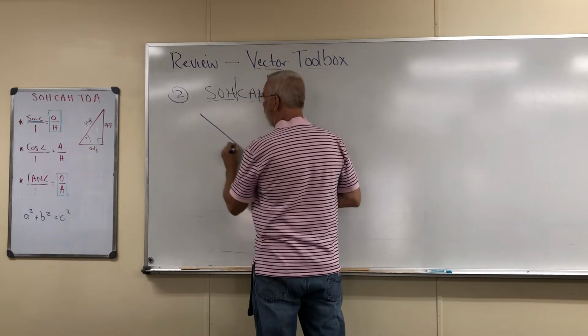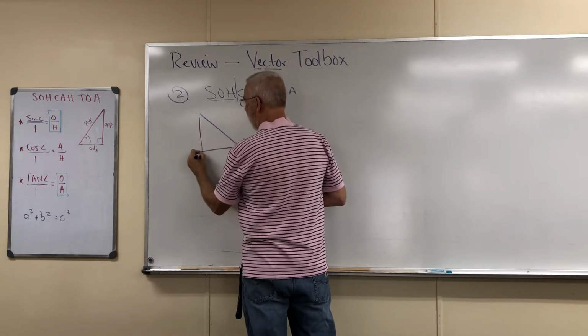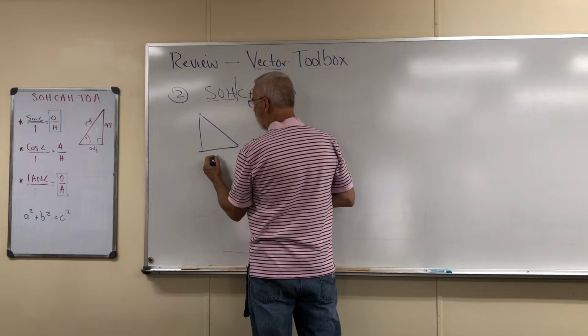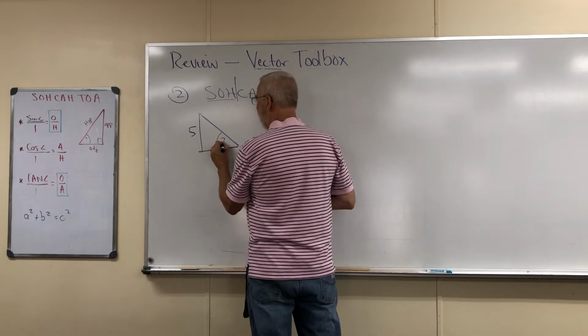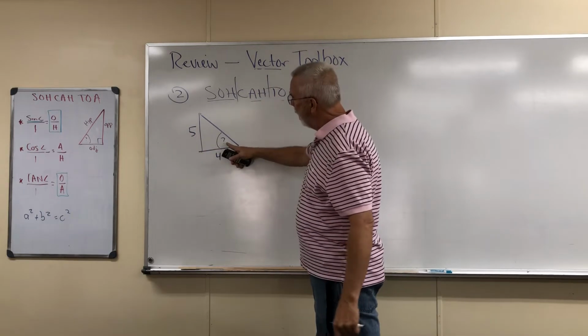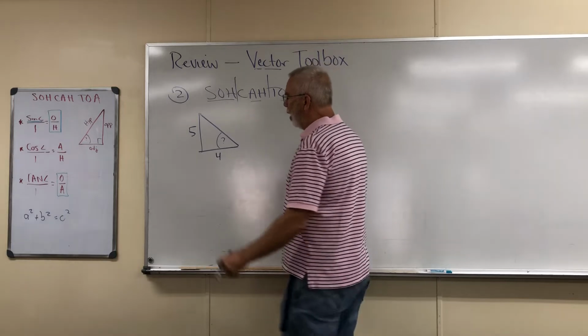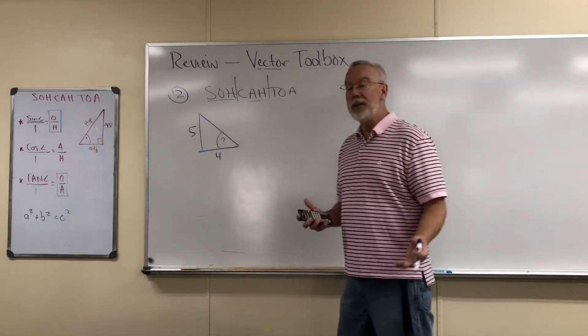So let's do one that looks like this, and let's make this 4, and let's make this 5, and they're asking for that angle right here. Okay, so again, we evaluate the sides.